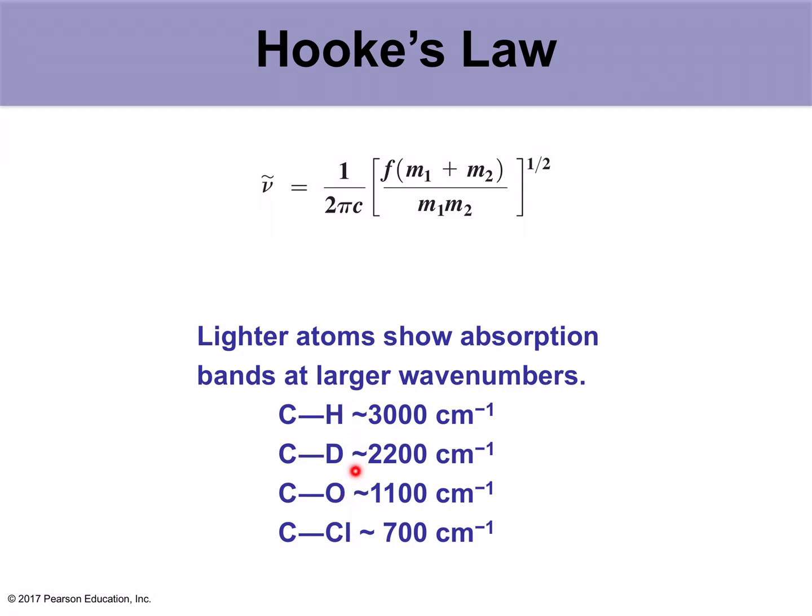So the mass increases. As the mass increases, what happens to its absorption? It comes at lower wave numbers. But the lighter atoms show absorption bands at larger wave numbers, meaning the lighter atoms need more energy to vibrate, stretching vibration, because they are more strongly held with each other.